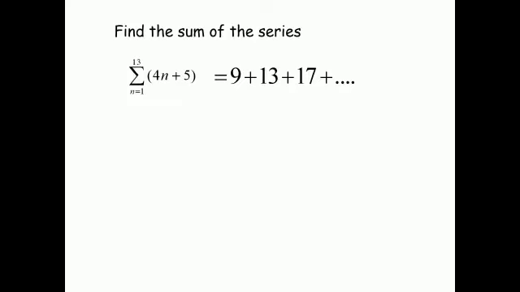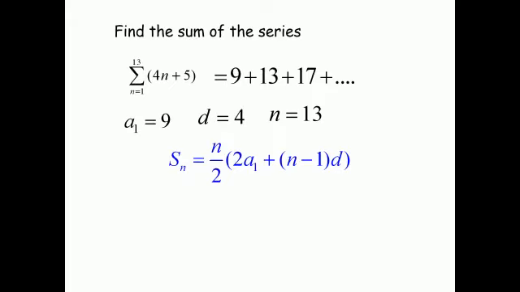Okay. And which formula can we use? We know a1, we know d, we know the number of terms. How many terms are there? 13. From where did you get 13? From the question, sigma 1 to 13. You can use the second formula because we don't know the 13th number, we don't know the last term.